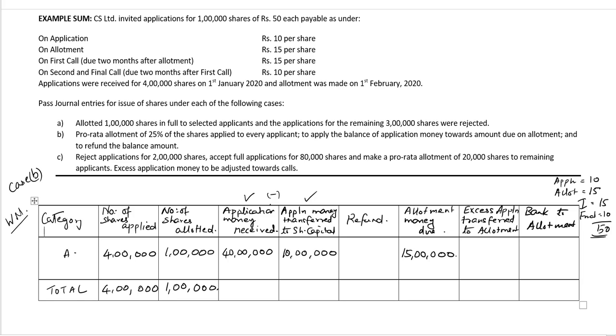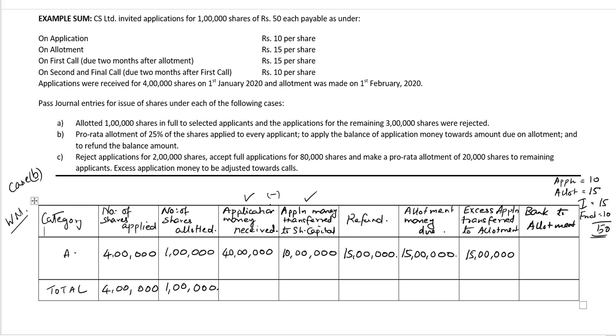So we can transfer excess application of only rupees 15 lakh from the 30 lakh to allotment. There is still 15 lakh excess application money left. As per the question, we cannot transfer it to the call, but we need to refund it. So that 15 lakh we will enter in the refund column.